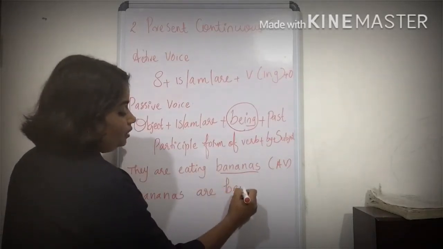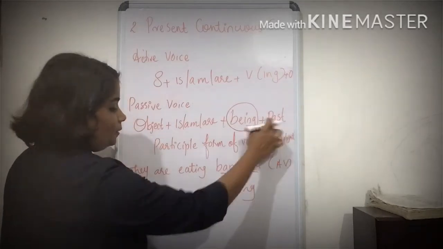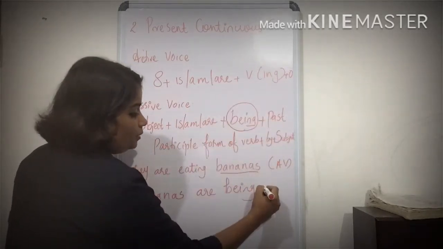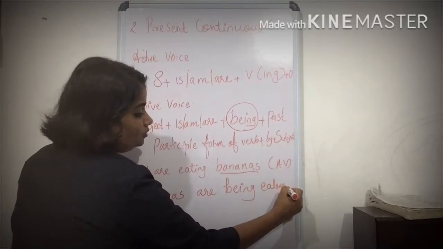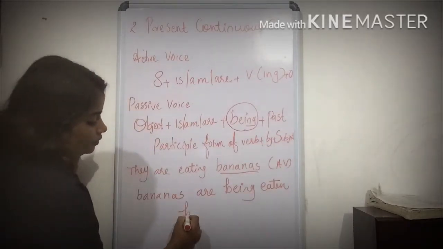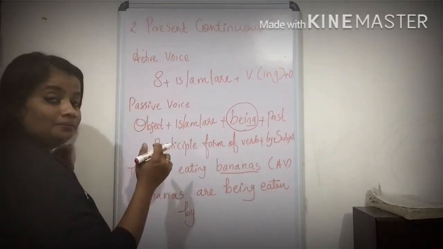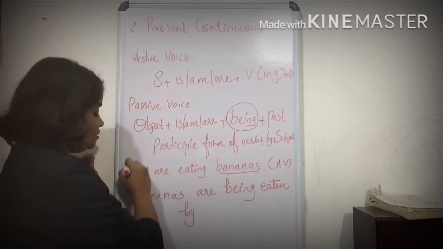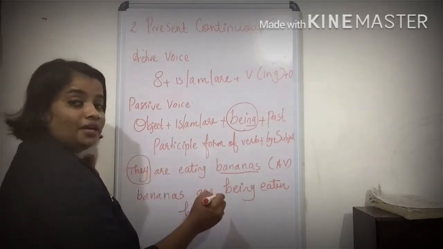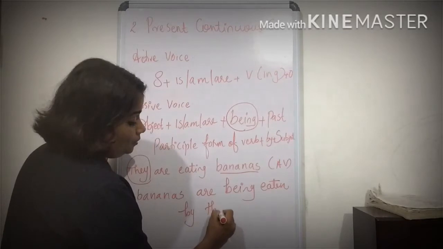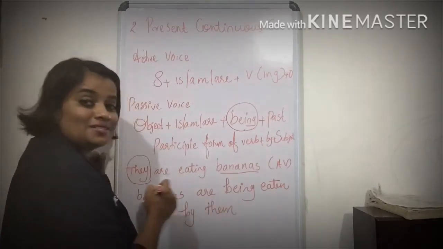Being, then the past participle form of the verb, being eaten by, and they becomes objective case. The subjective case they changes to the objective case, them, in passive voice.